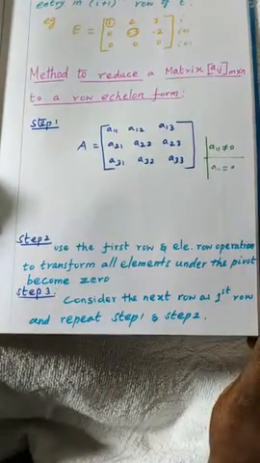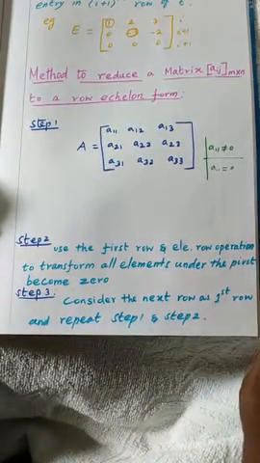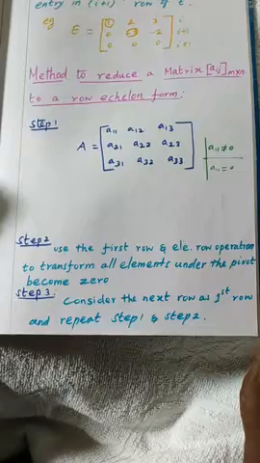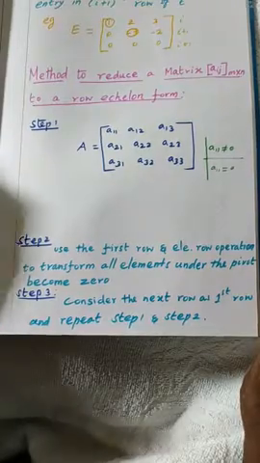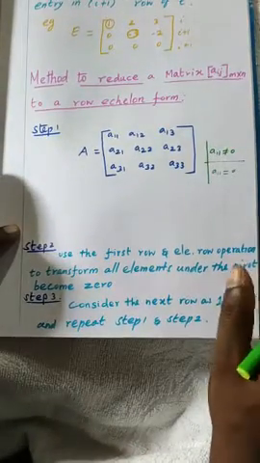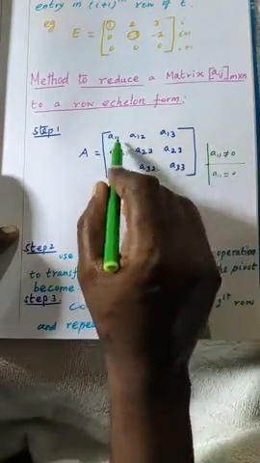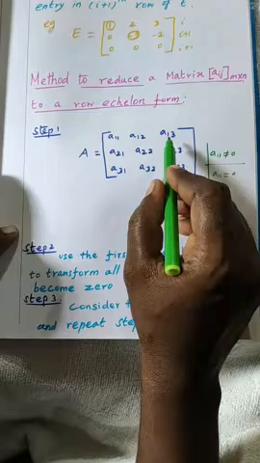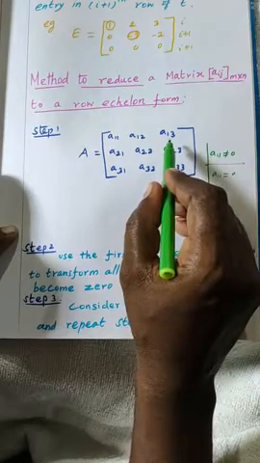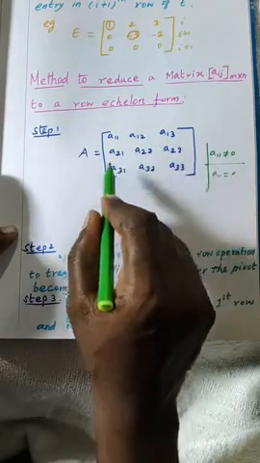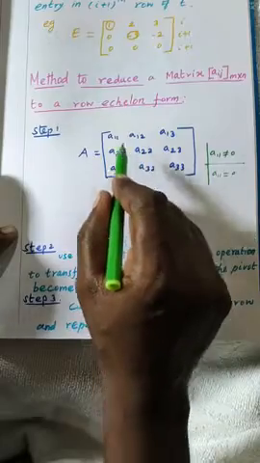Method to reduce a matrix Aij with order m by n to a row echelon form. Step 1. Consider a matrix with order 3 by 3. Then check the first row. If it is a zero row, then the row is interchanged with other non-zero rows.